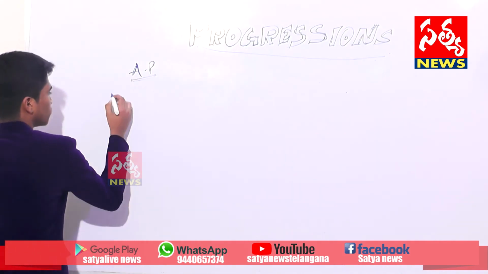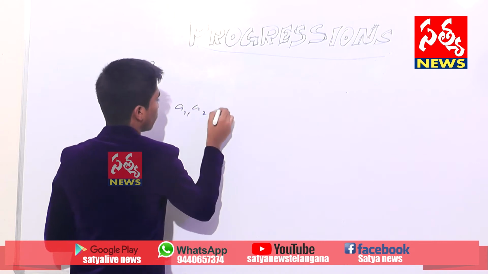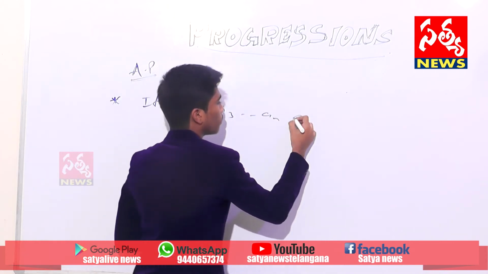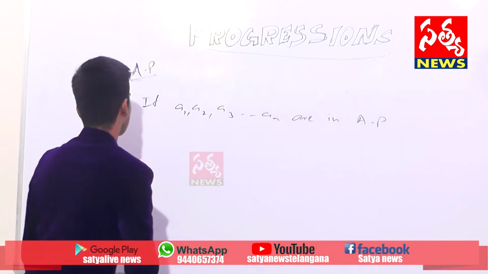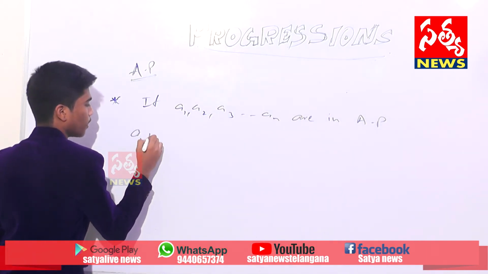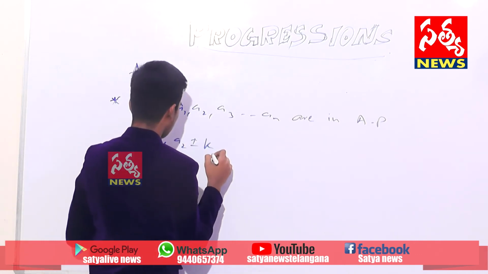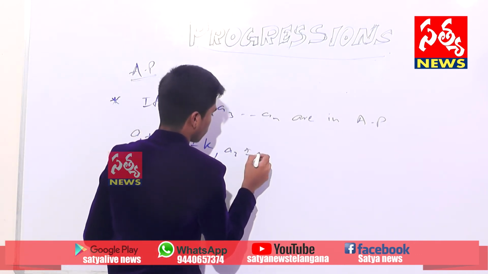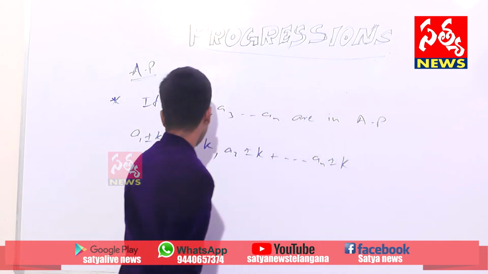And let's see some conditions now. If a1, a2, a3, so on, an are in AP, then a1 plus or minus k, a2 plus or minus k, a3 plus or minus k, so on, an plus or minus k.